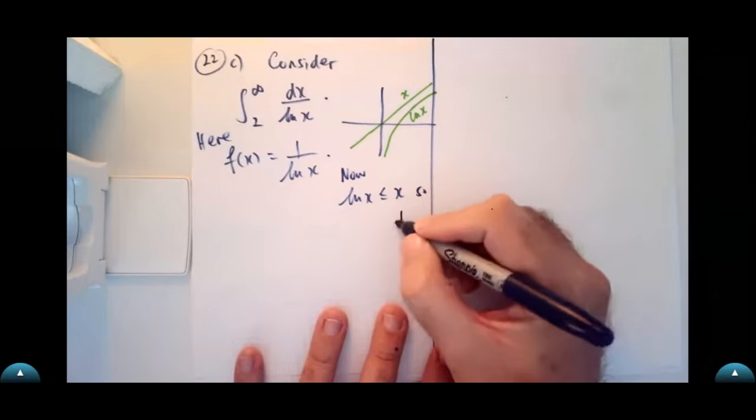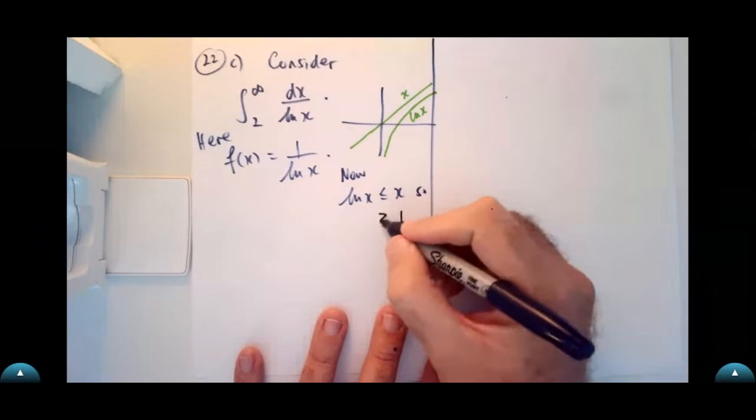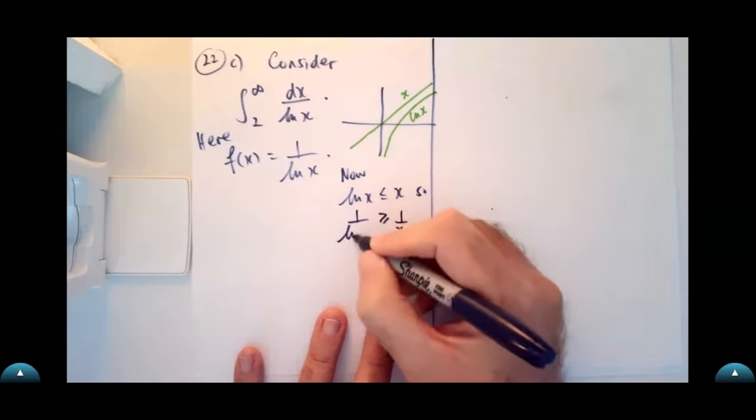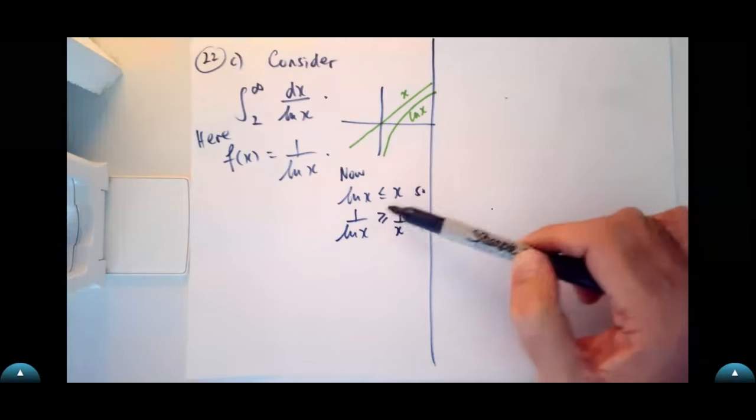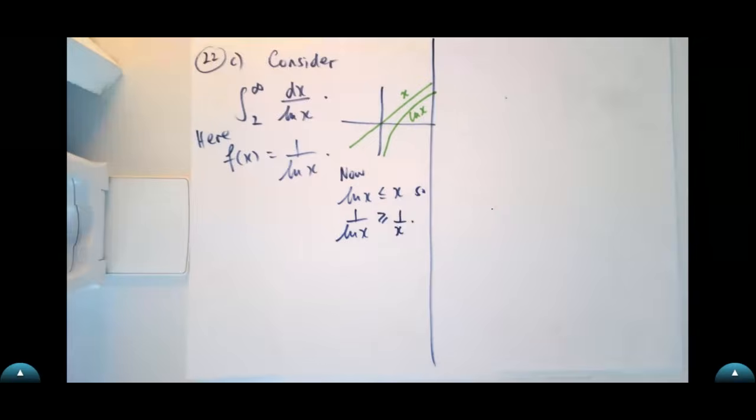So 1 on x will satisfy this inequality. What we've done is we've inverted this and changed the inequality around, okay?